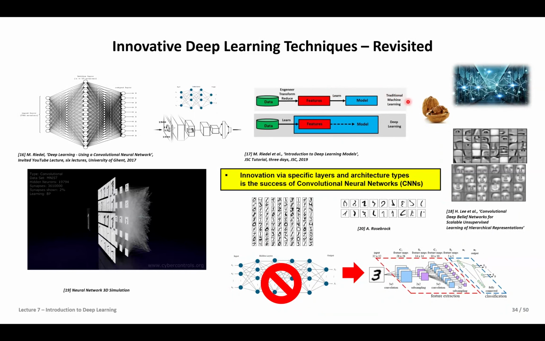Now, what deep learning brings is that it inherently has this feature learning. So it's part of the model to extract these features, to find these features, to learn these features. And with this, you come to a situation where you can still work on the data and create your own filters.